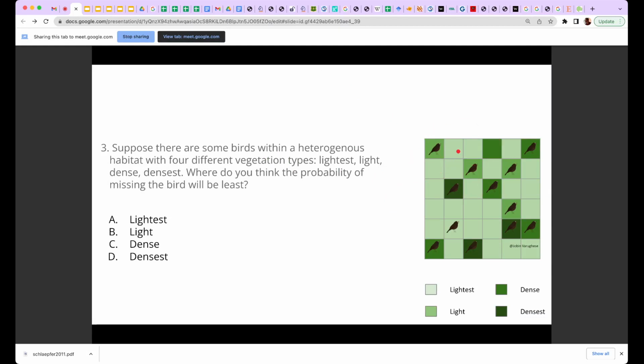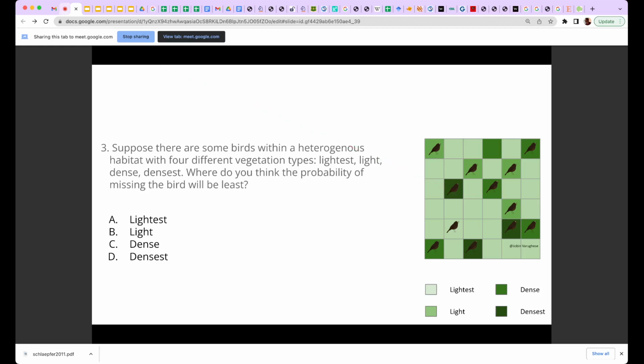There's a lightest, then a light habitat, then a dense, and then a densest habitat. This is based on the color. Then there are birds randomly distributed within this vegetation, and the bird is also dark in color. So the question is asking you, where do you think you will miss detecting the bird the least, or where do you think you'll actually see the bird the most?